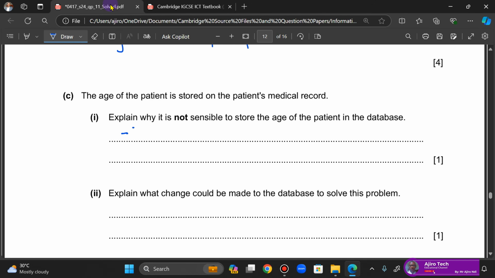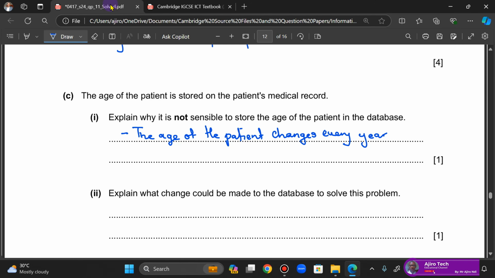That is why it is not sensible to do that, and this is the reason why. The age of the patient changes every year. That's one. And also, it simply means that the data will need to be updated regularly. It's really time consuming to keep changing the age in the database.